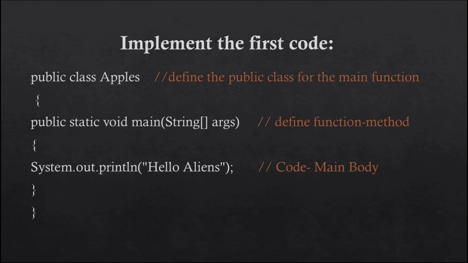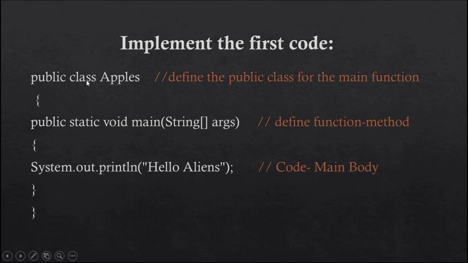The first thing you need to understand is that in Java, everything is written in a class. As of now, you don't need to worry about what exactly a class is. In layman's language, we can call it a category. We will talk about what a class means in later videos.